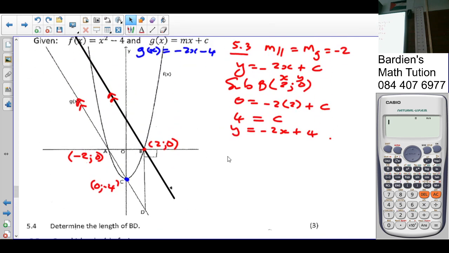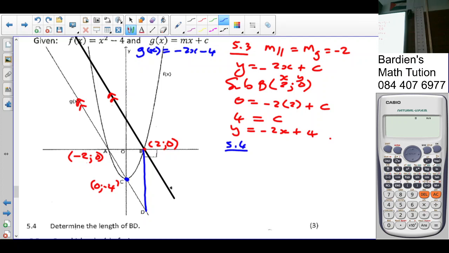The next question says, determine the length of BD. So if we look at BD, it's 5.4. BD is this length here, which is also a y value.